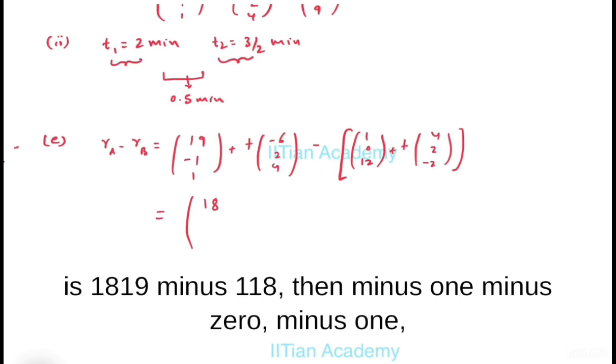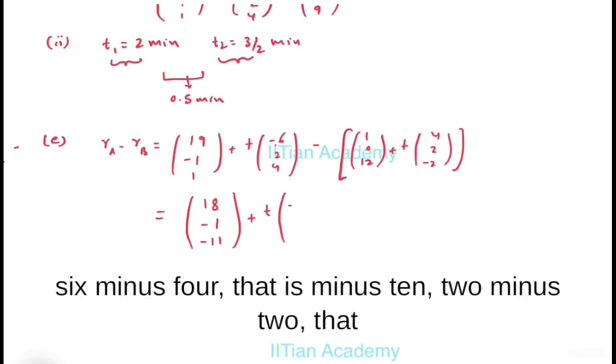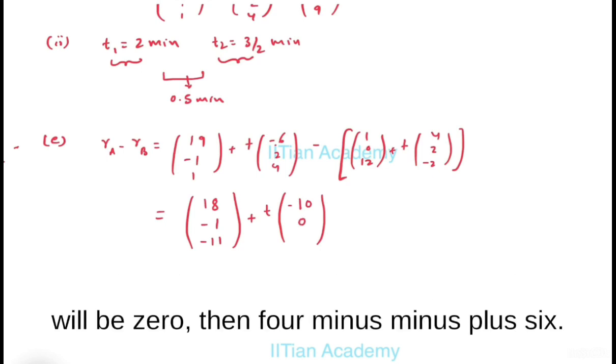So RA minus RB comes out to be 19 minus 1, that is 18, then minus 1 minus 0, that is minus 1, then 1 minus 12, that is minus 11, plus t times minus 6 minus 4, that is minus 10, 2 minus 2, that is 0, then 4 plus 2, that is 6.